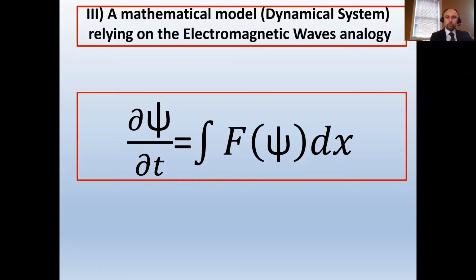The model that we propose is an equation with a non-local component. So it's a dynamical system. It depends on time. Here, the psi describes the psychic state.